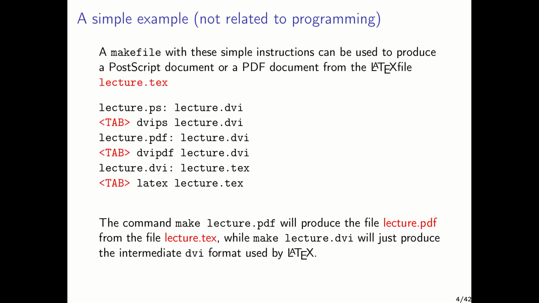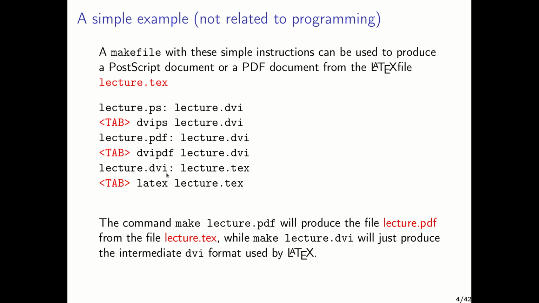For instance, in these very simple instructions we see here, I have a set of rules that produce, starting from a file called lecture.tex, that is a TeX file, a file called lecture.dvi, which is the device independent format produced from a TeX file by the command latex lecture.tex.